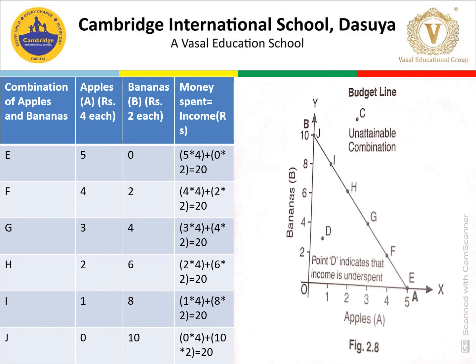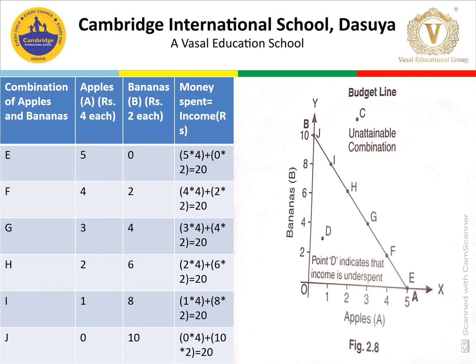They have shown the same picture, representing the budget line and the combinations which I have shown you here, J, I, H, G, E, F. So all of them are represented here. The combinations shown on the line make up your budget line.